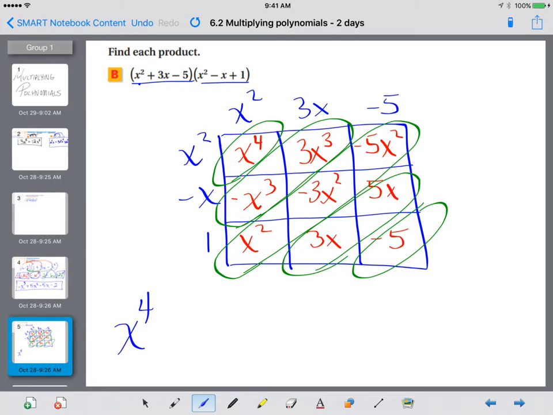I'm going to combine negative 1x to the 3rd plus 3x to the 3rd becomes a positive 2x to the 3rd. Now we've got negative 5x squared minus 3x squared, that's negative 8, plus 1, negative 7x squared. 3 plus 5 is 8x, and then we have minus 5.